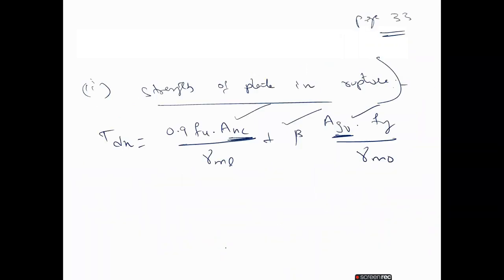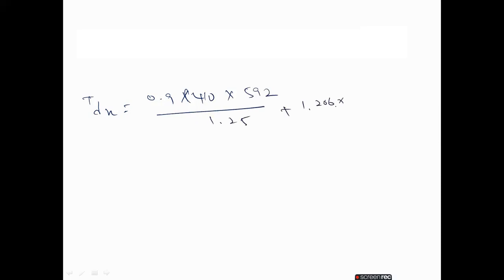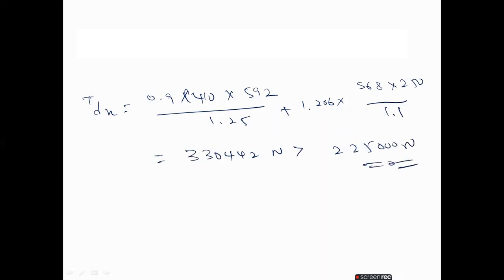So now we know beta, Anc and Ago. Substituting in the equation, Tdn = 0.9 x 410 x 592 / 1.25 + 1.206 x 568 x 250 / 1.1. So you will get 330442 Newtons. It is greater than 225,000 Newtons, the given design tensile force.